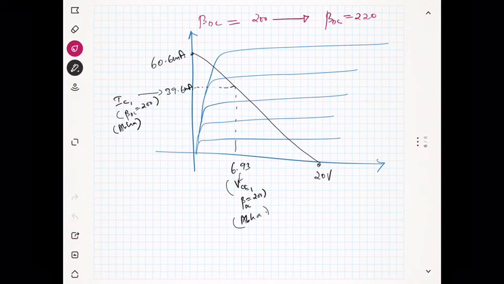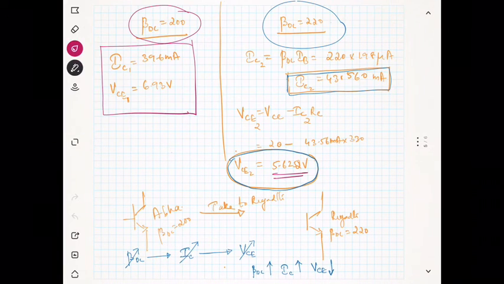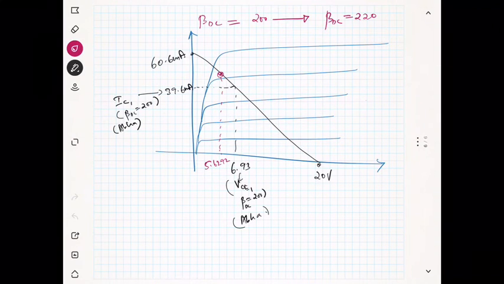Okay, it has reduced. So it is somewhere here. This is your new Q point. So this is the case with beta DC equal to 220, and this is VCE2, the new value, in Riyadh.